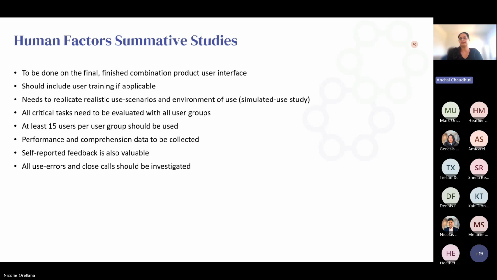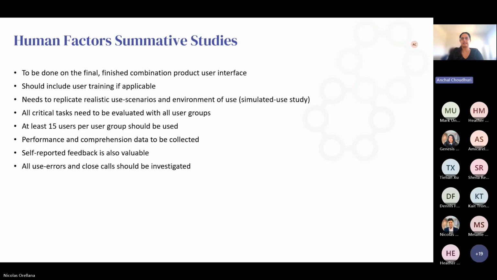And in biologics, we often work closely with the companies that conduct the human factors studies to help ensure that the study protocol is in alignment with FDA requirements. Some of those requirements are that all critical tasks need to be evaluated with all user groups, and that at least 15 users per user group are tested.